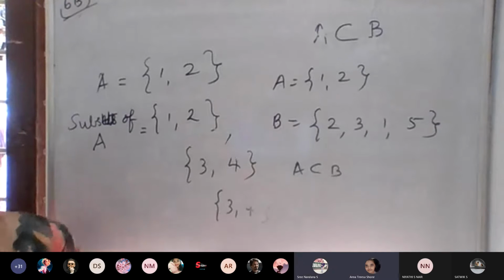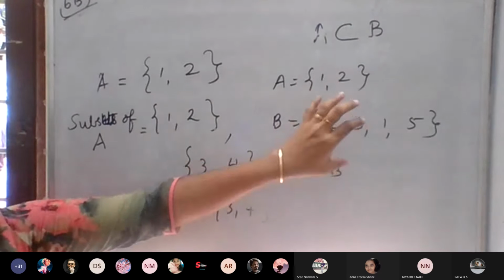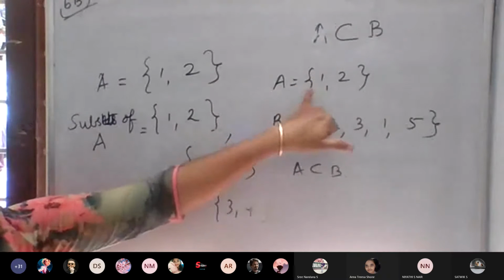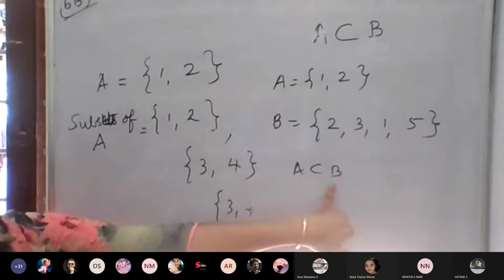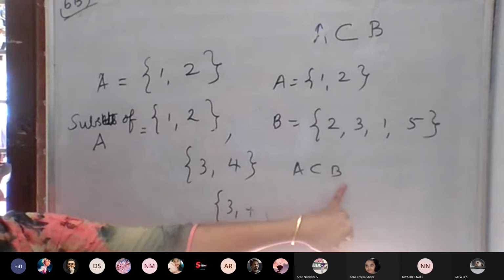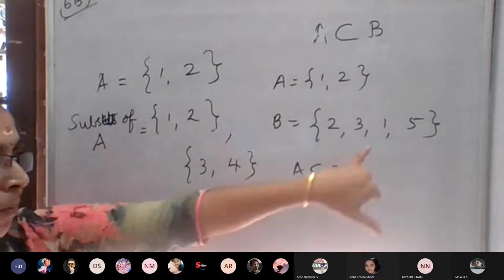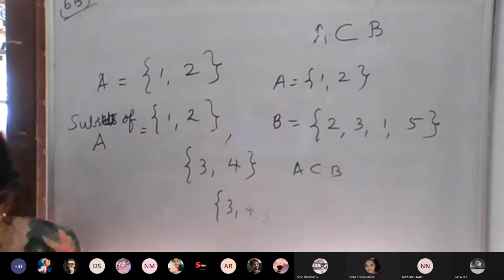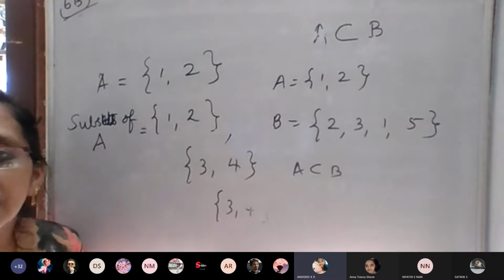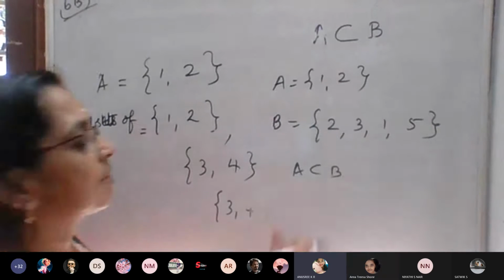A is a subset of B means all the elements of A should be there in B. Ma'am, A is a subset of A, and B is a subset of B. A is A.